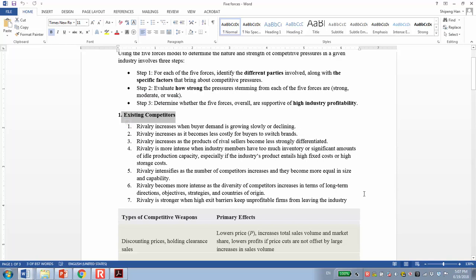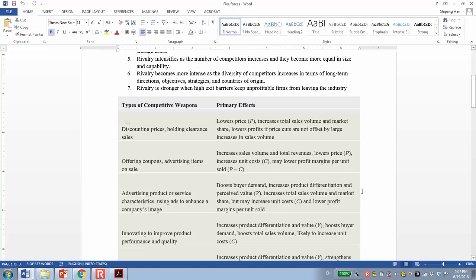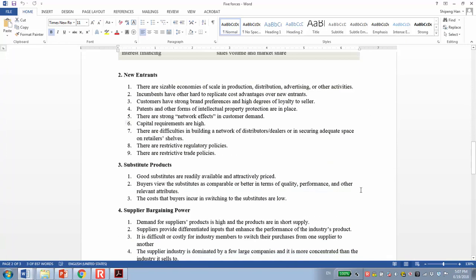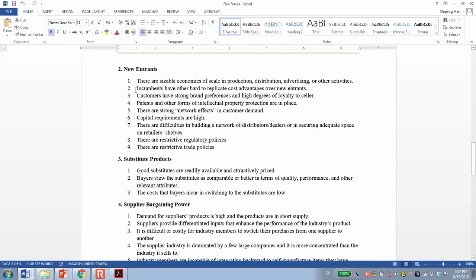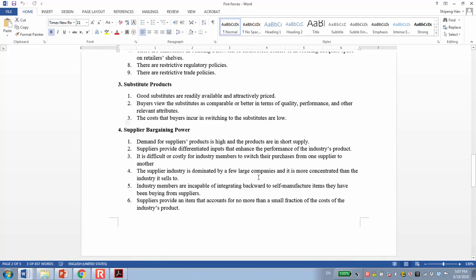Probably, a material for your company. The next is new entrants. Okay, so on and so forth. So these documents are very useful. Please read them and keep in mind when you analyze the company's environmental factors, please consider at least a part of them. This document is available on my course.